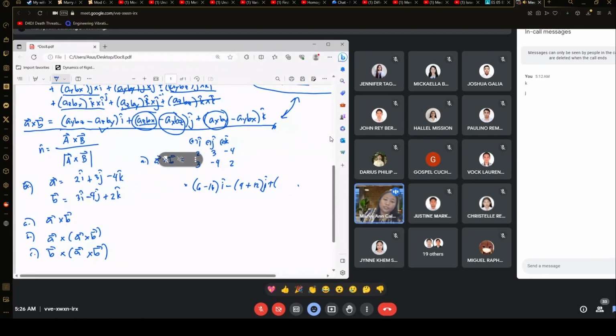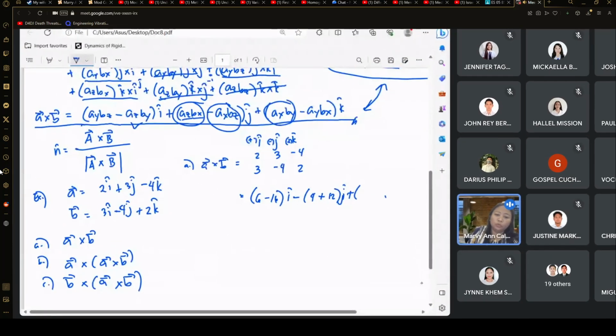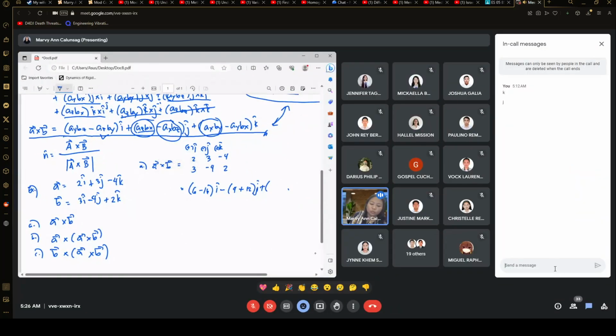Imaginary delete the elements under K. So we have now 2 times negative 4. That is negative 8 minus 3 times 3. That would be 9.